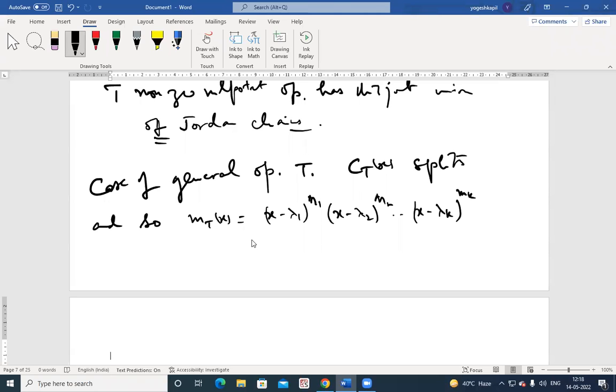That means V is decomposed into T-invariant subspaces, by the primary decomposition theorem.